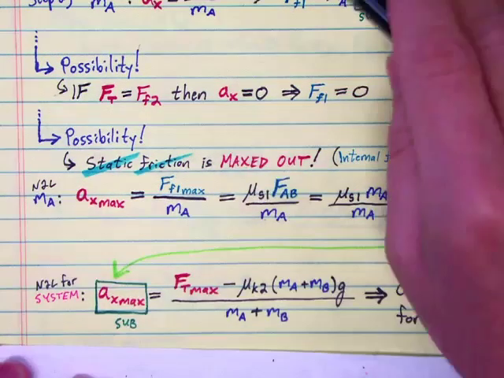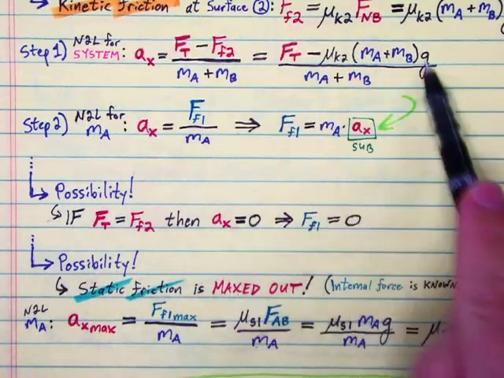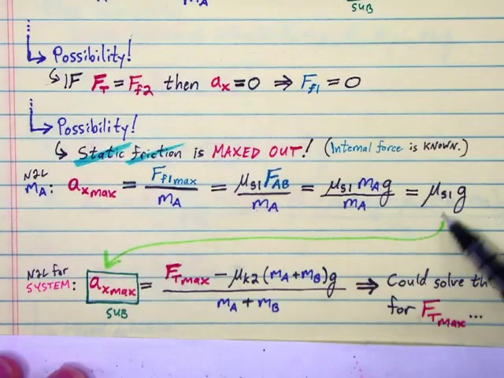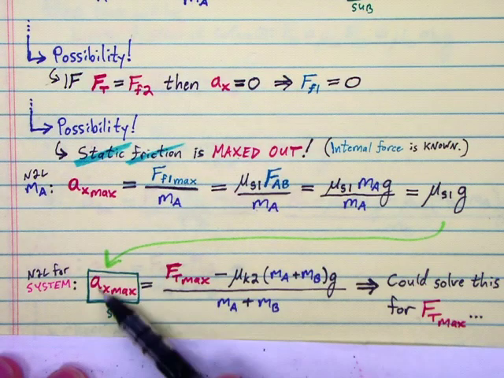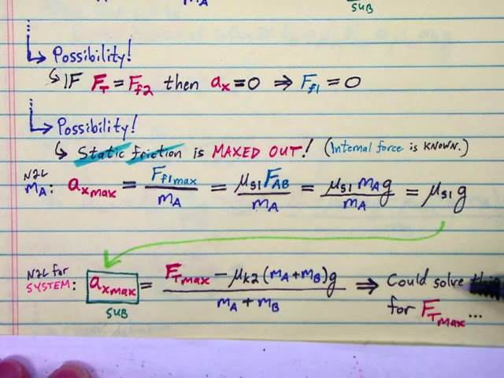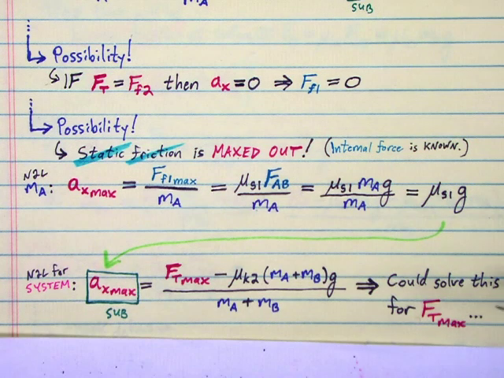So here's our system N2L, just rewritten. And if I know what the max acceleration is, that tells us the max tension in that cord. So we could solve this to find the maximum tension in that cable. This is helping us determine how hard the gator could pull without breaking static friction.